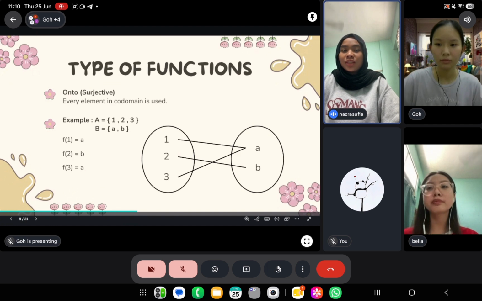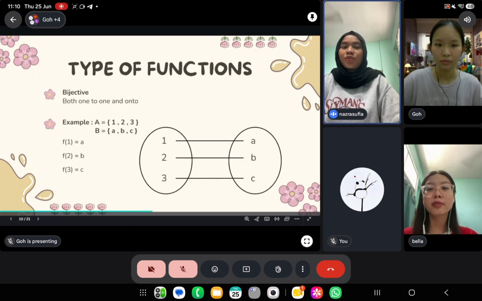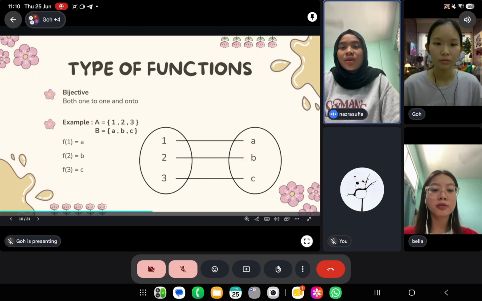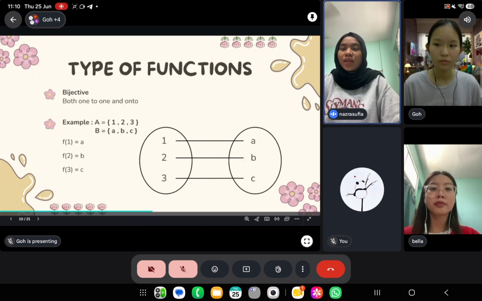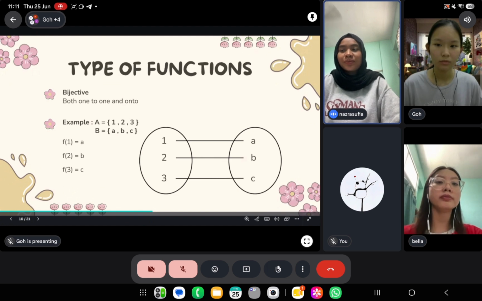And we go to the last type of function, which is bijective, both one-to-one and onto. For example, A equals {1, 2, 3}, B equals {a, b, c}. f(1) equals a, f(2) equals b, and f(3) equals c.